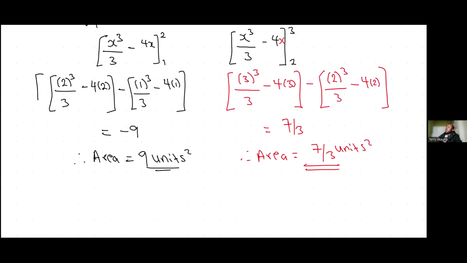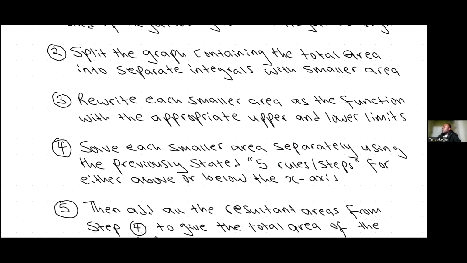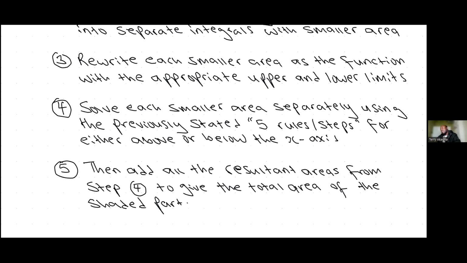Okay. Step 5. What does step 5 say? Then you add all the resultant areas from step 4 to give the total area of the shaded part.